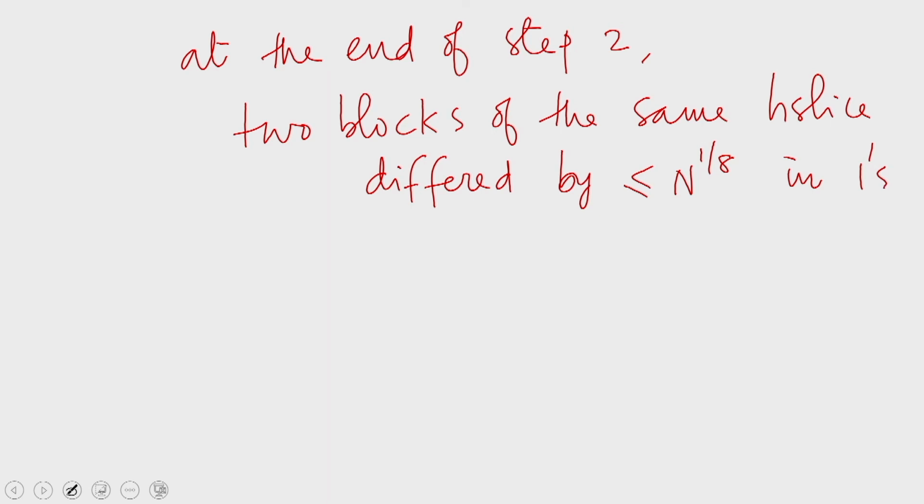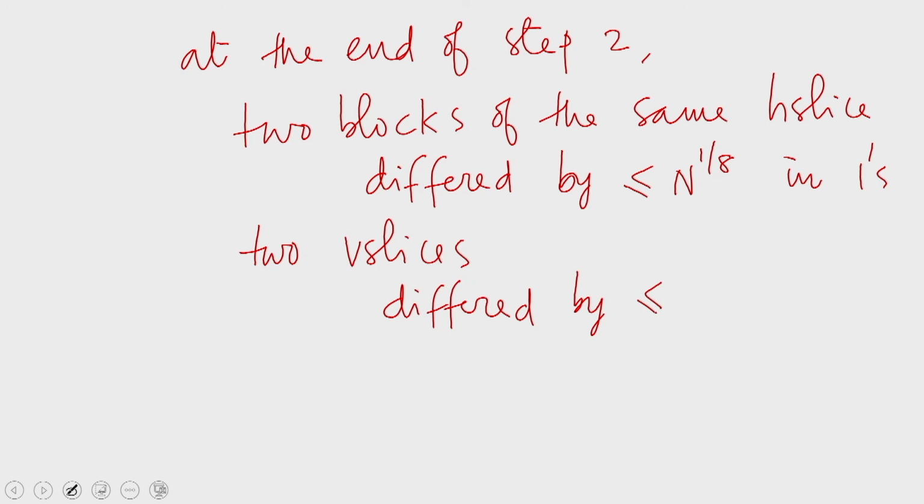Therefore, if you aggregate over all horizontal slices, you can say that 2 vertical slices differed by at most n power 1 by 4 in the number of ones. There are n power 1 by 8 vertical slices. From step 2 to step 6, we have moved data only vertically, as I said just now. Therefore, the same invariant holds even now.